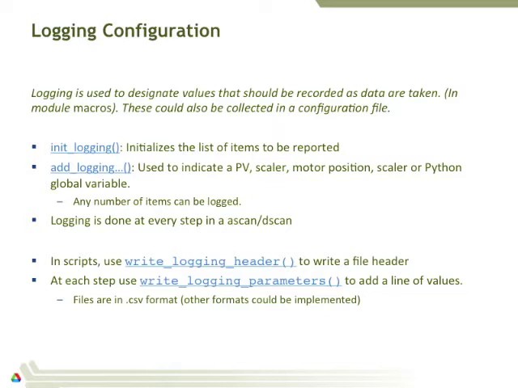And you could also stick into your script the command write logging header, which will cause it to list what the things that it's logging are. And then write logging parameters will have it kick out the things that you've wanted to log in some sort of column format.